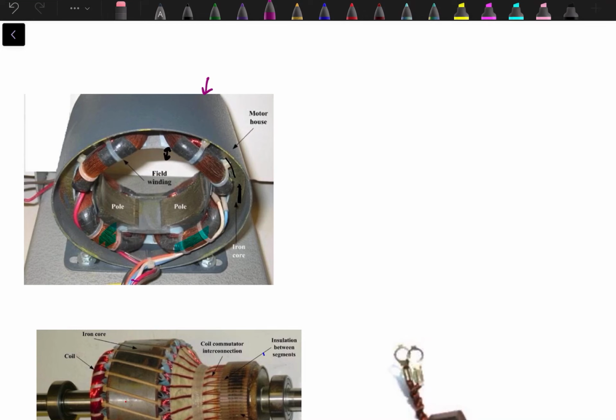These are the wires which are available to us at the terminal box for connections to the supply. And what we see over here, here, and here, these are the field windings which are placed on the salient poles of the machine. So inside this motor house, we have a stator core.